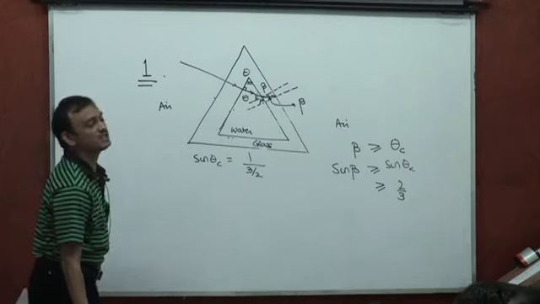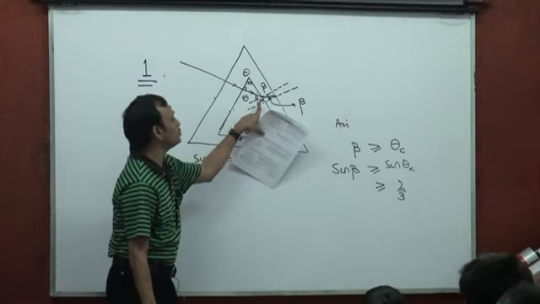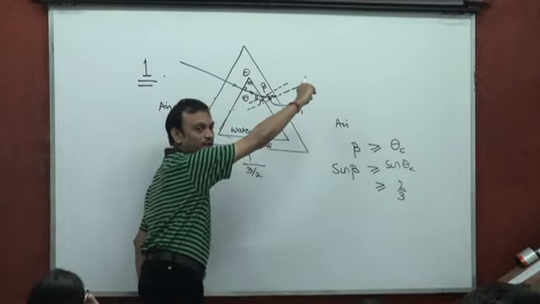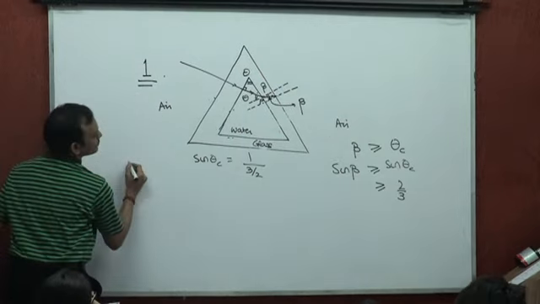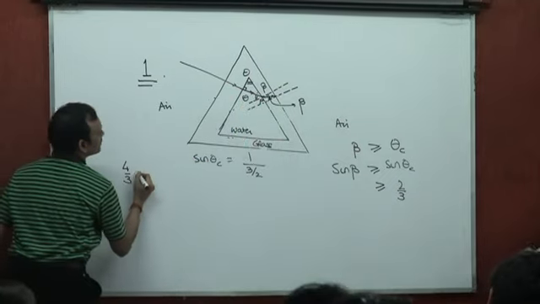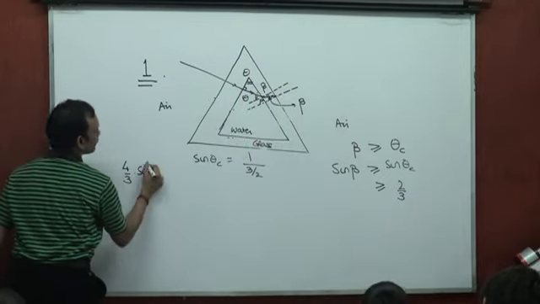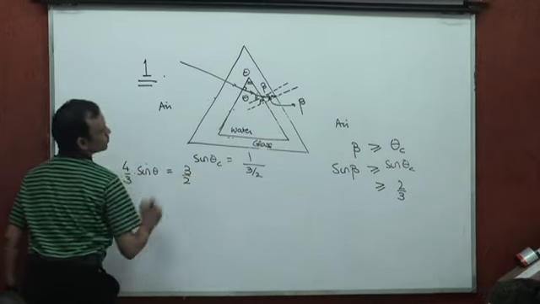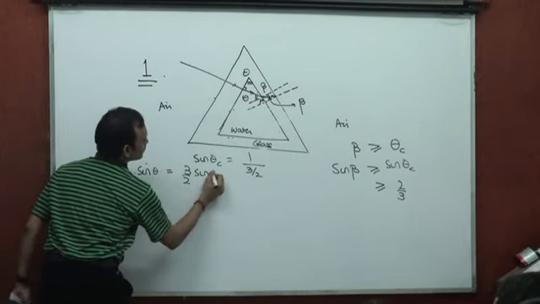I can apply Snell's law at this point. That means mu of water into sine theta is mu of glass into sine beta, right? So applying Snell's law at P, 4/3 into sine theta equal to 3/2 into sine beta.